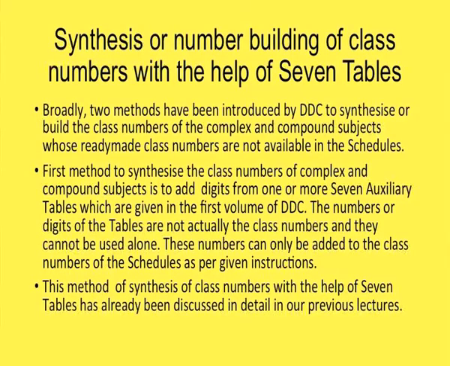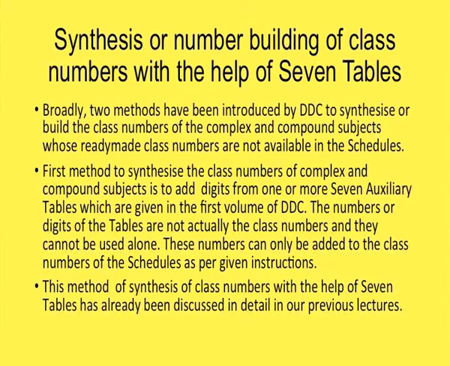The synthesis of numbers, building of class numbers with the help of 7 tables, was discussed earlier. Broadly, we have 2 methods of synthesizing the class numbers. First is using the 7 tables which are given in the first volume of DDC.